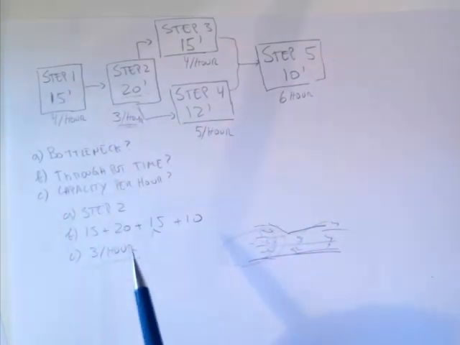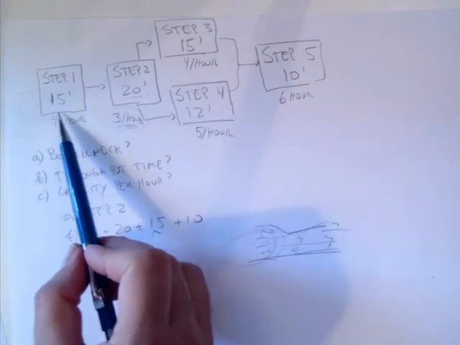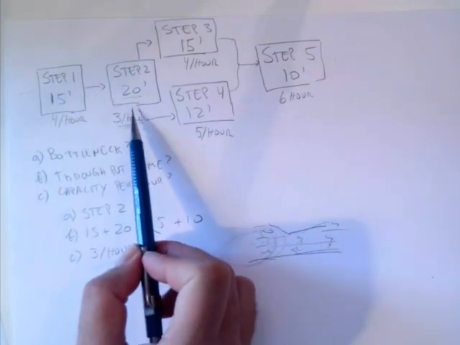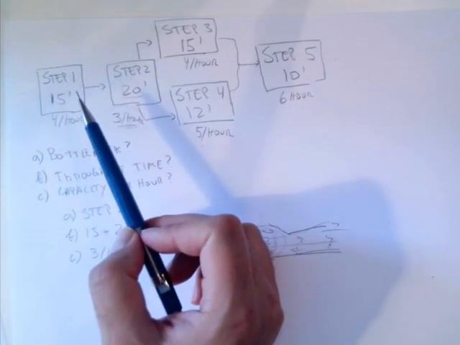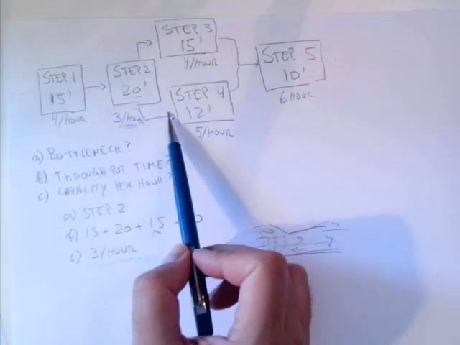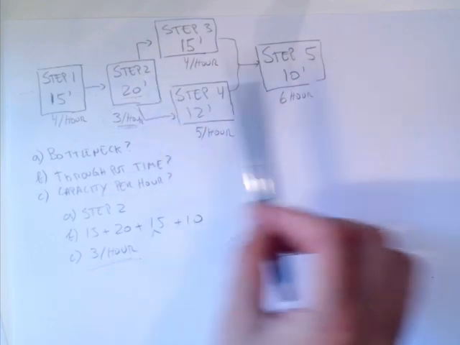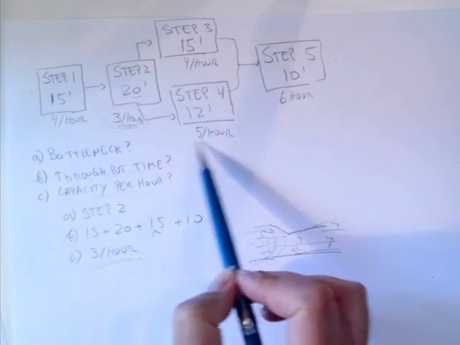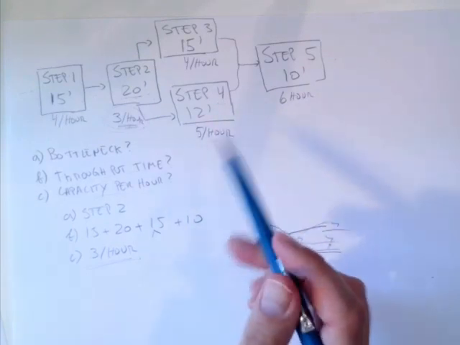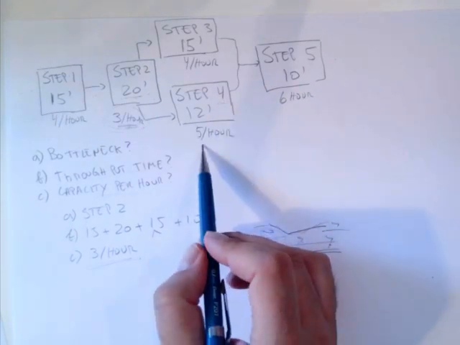The same thing will happen here. This can produce 4 per hour, but this can only consume 3 per hour. So here is where your inventory is going to increase. After this process step, everything is going to flow very quickly because you're doing 3 per hour, and process step 4 can do 5 per hour.